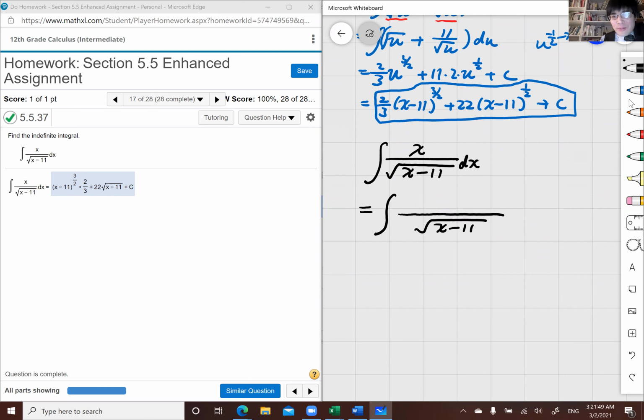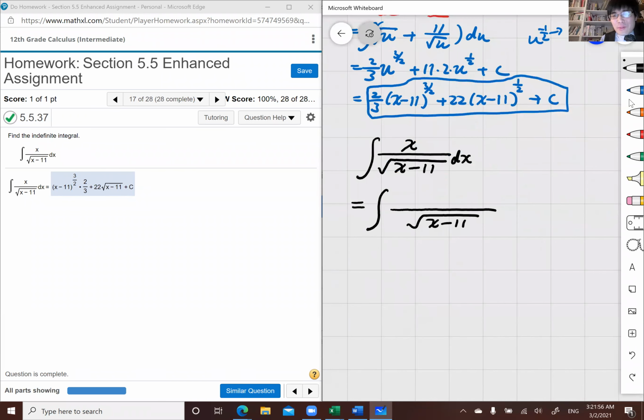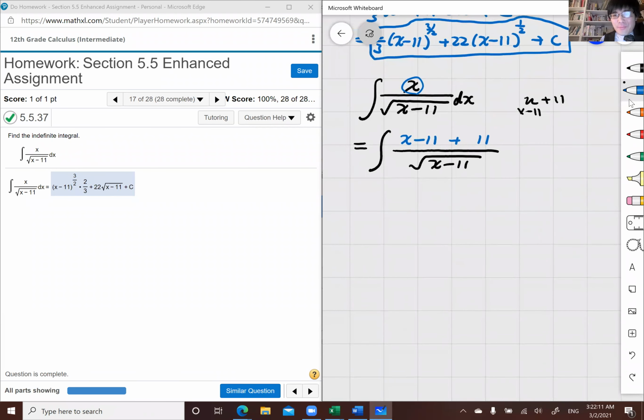So this is u. Remember, you make this one as u plus 11. What is u? u is x minus 11. So what you are going to do is rewrite x as u plus 11. Then this is the same thing as x minus 11 over square root of x minus 11 plus 11 over square root of x minus 11.